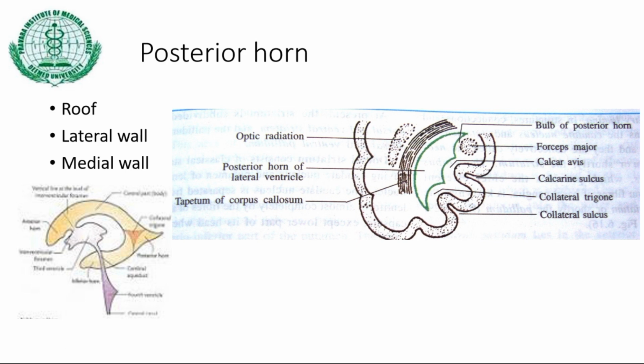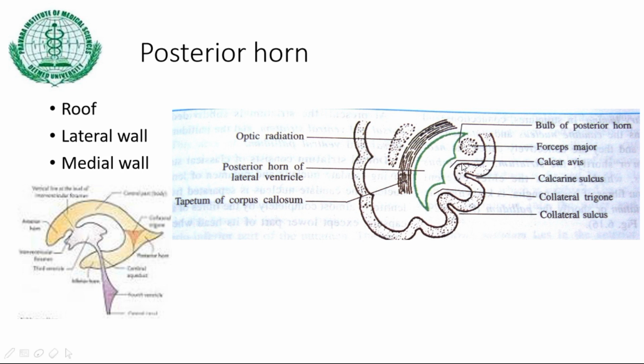The medial wall and the floor of the posterior horn are continuous and they exhibit two elongations. The upper elevation is known as the bulb of the posterior horn. This is produced by the fibers of the forceps major which pass through the splenium of the corpus callosum.